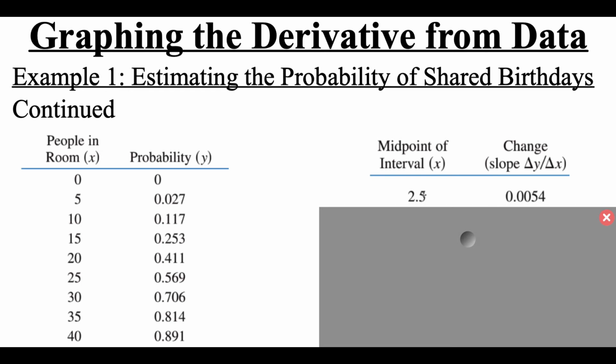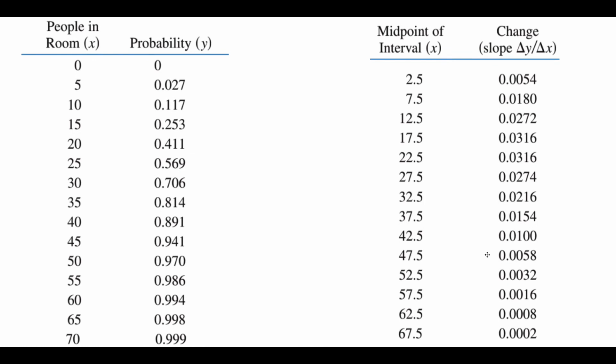So for the first ordered pair, if we took the midpoint of the x's halfway between 0 and 5, that would be 2.5. And then if we found the slope between these first two consecutive points, so y2 minus y1, over x2 minus x1, we would get a slope of 0.0054. And we can do that all the way down the line to create this new table of data.